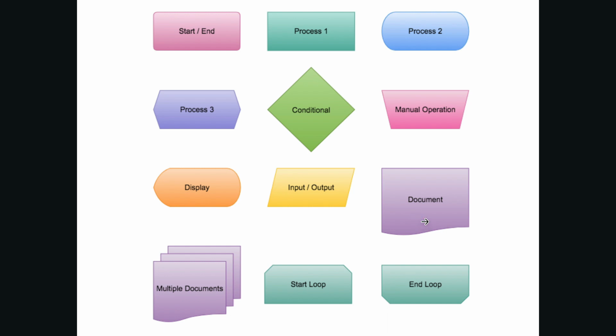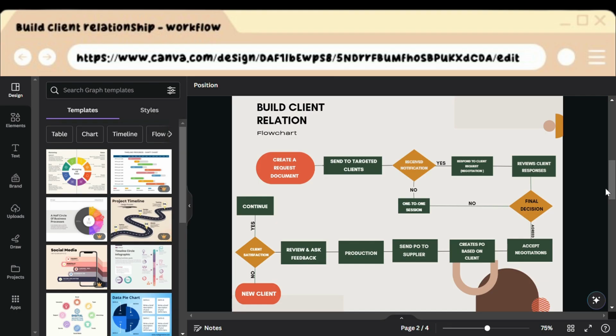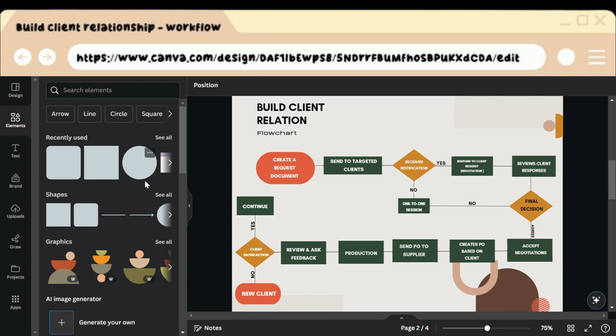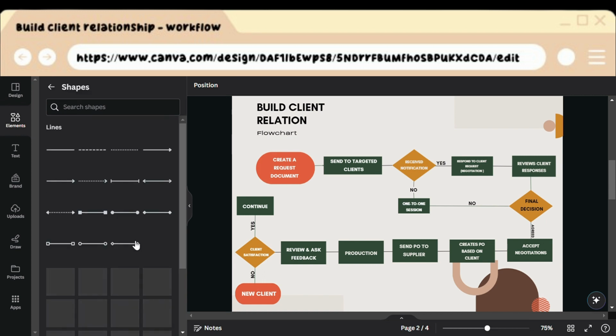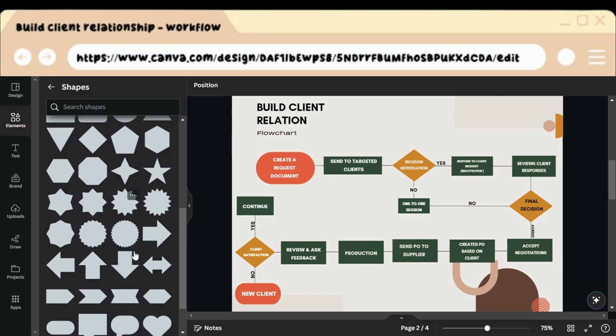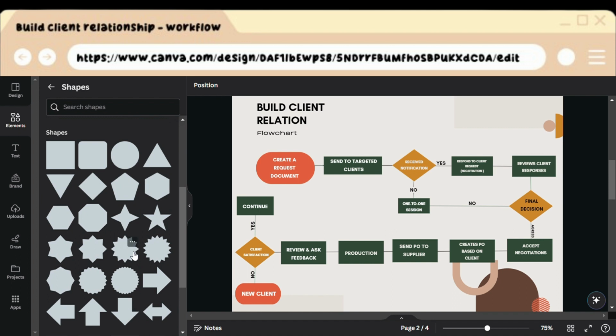So without any further ado, let's go to the tutorial. So, how to create a flowchart like this to boost client relationship? First, as you can see here, on the left side, we have elements, and then we choose shapes, and then scroll down until you find the most suitable shapes to represent what you want.